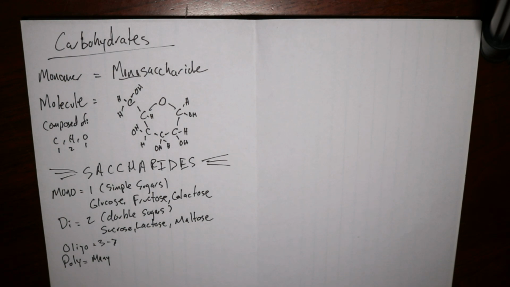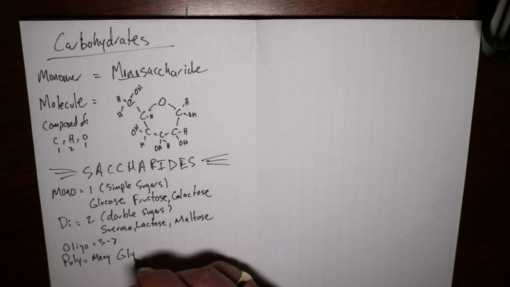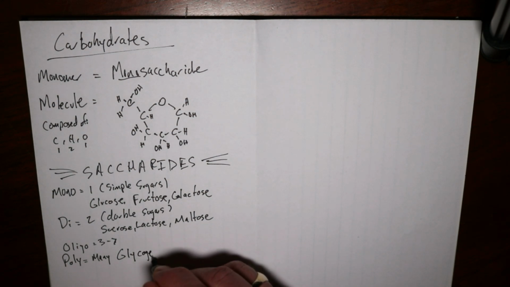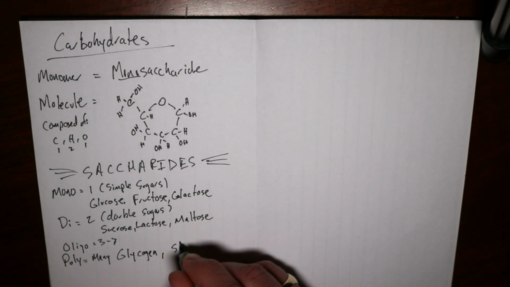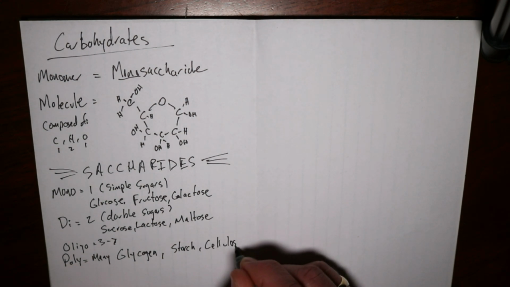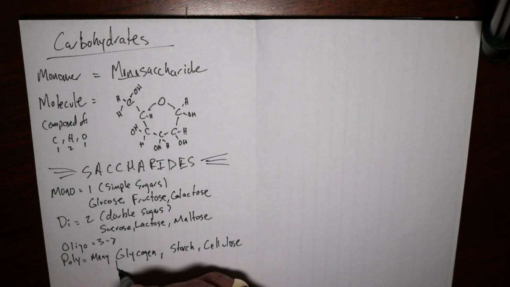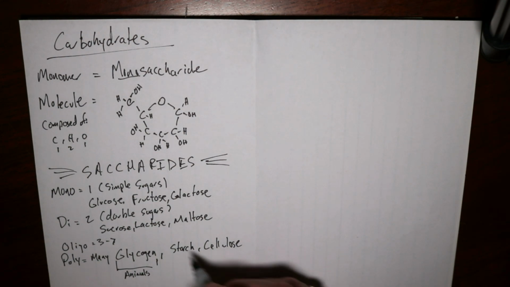So what are our examples of polysaccharides? First, glycogen, starch, and cellulose. Now, here's where it gets kind of tricky. Glycogen is found in animals. Starch and cellulose are found in plants.